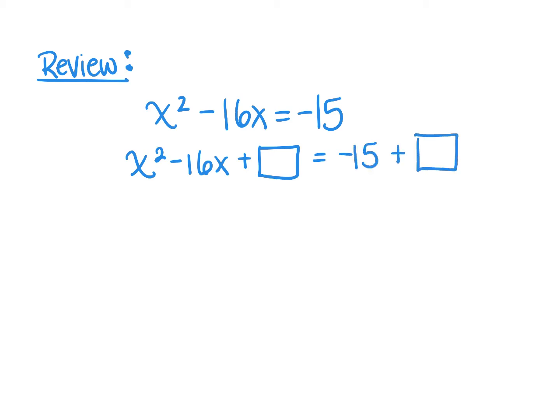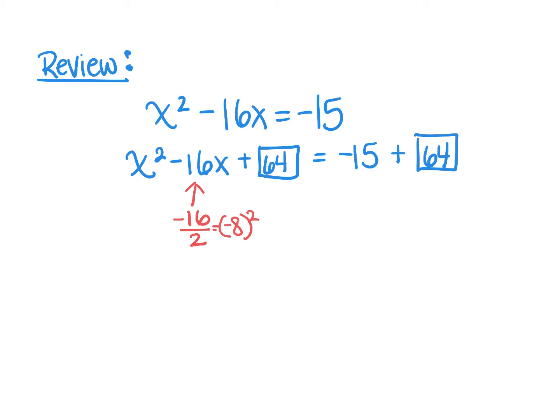We complete the square by taking the number in the middle, negative 16, taking half of that, which is negative 8, and squaring that. That's how I get 64. So we'll have 64 right here, and whatever I do on one side, we have to do on the other.